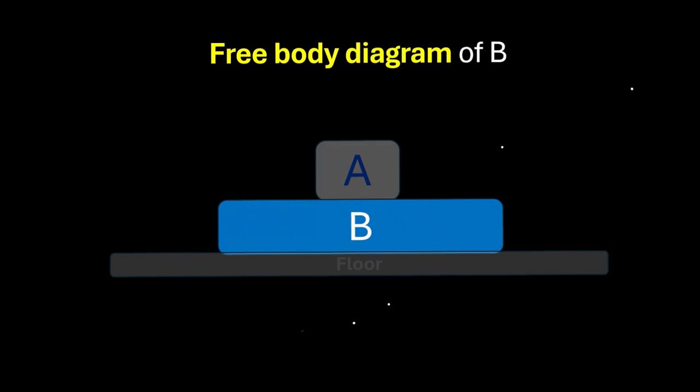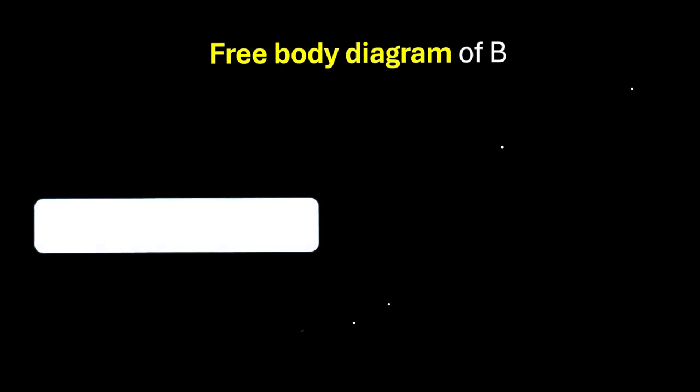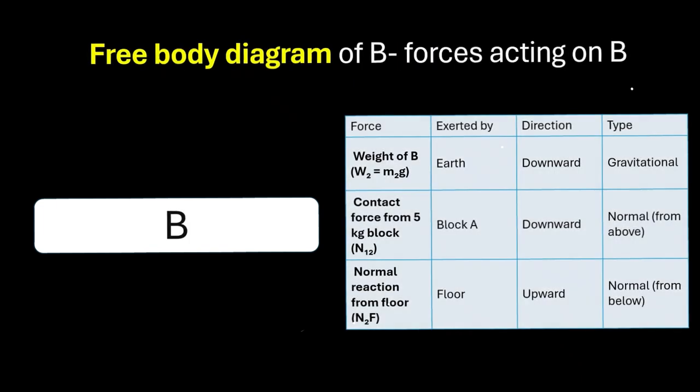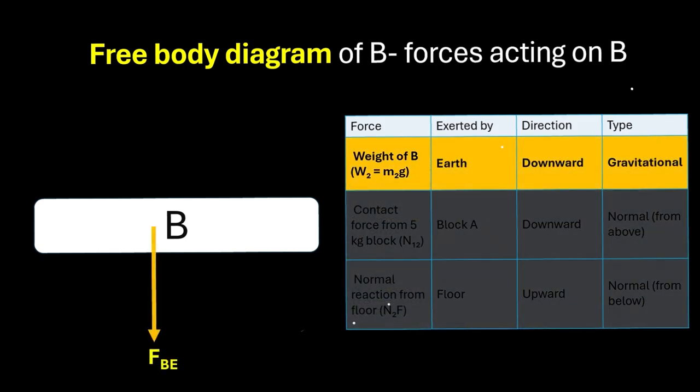Now coming to the free body diagram of B. So we isolate the body, we consider only the forces acting on B, which of course would be how many? Two or three? Exactly three. Why? One would be due to gravitation, exactly the weight of the body pulled downwards, force on B due to earth.